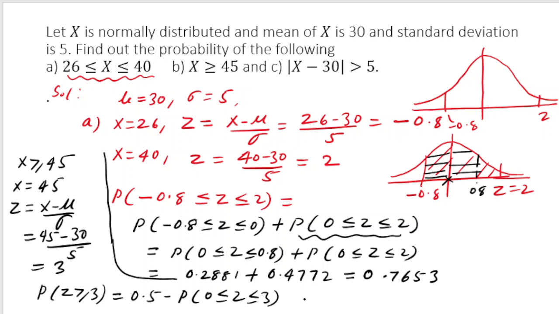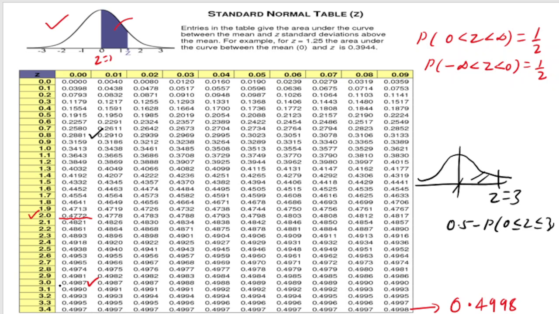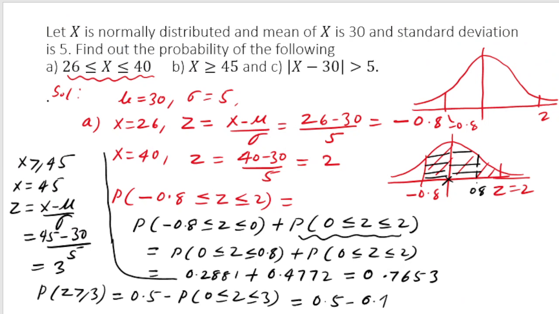For 0 to 3, what is the value? For 3 you can see it is 0.4987. So I am writing 0.5 minus 0.4987. This is a very small probability, that is 0.0013.